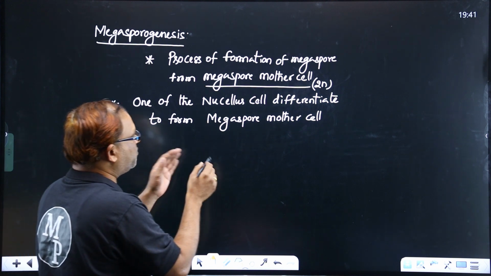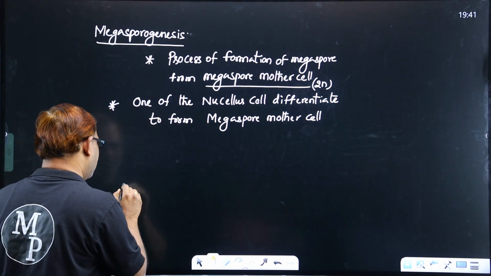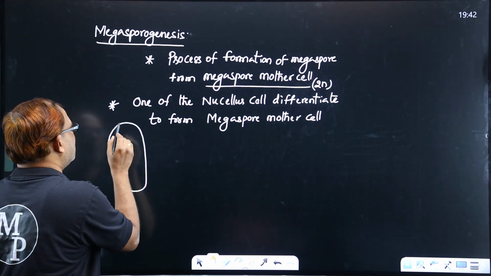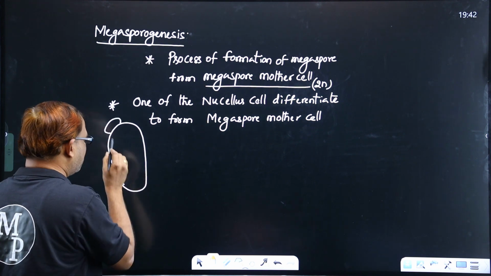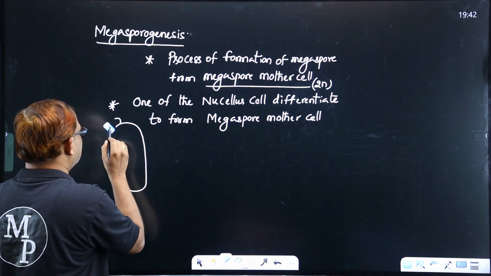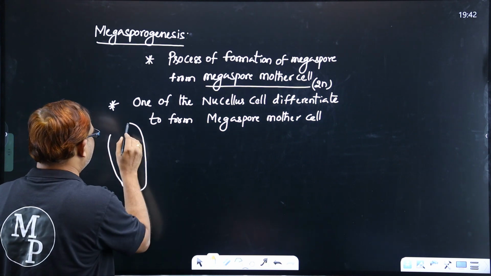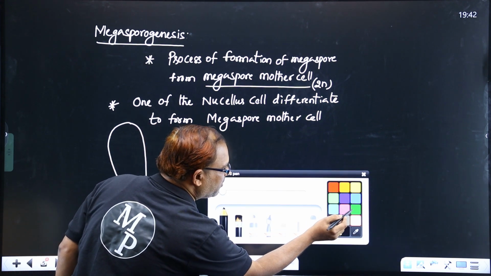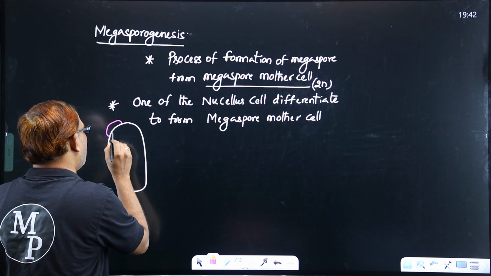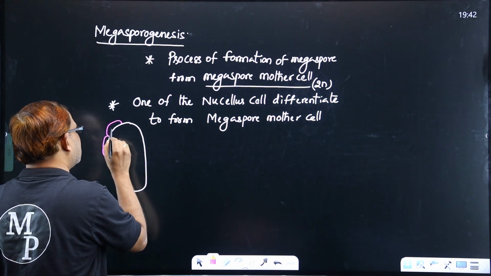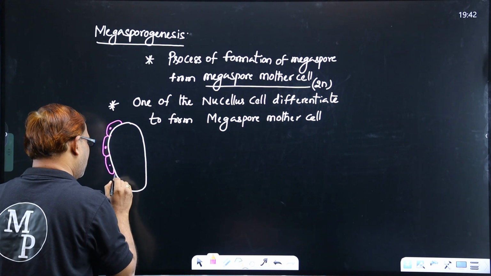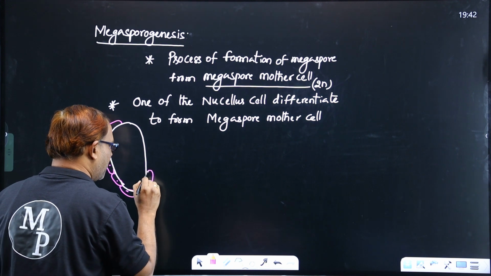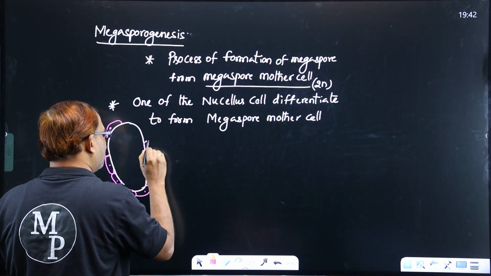Now see, the megaspore mother cell is a big cell. It is surrounded by a mass of parenchyma cells, and a mass of parenchyma cells like these is called the nucellus.